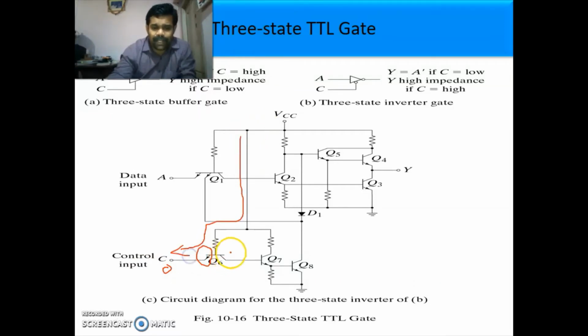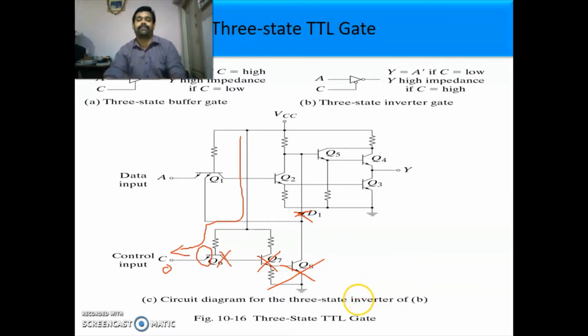The collector base junction is reverse biased, so it is not conducting, Q7 is not conducting, and Q8 is not conducting. If Q8 is not conducting, diode D1 is also not conducting. At this time the current flows in this direction. This is the first initial step.